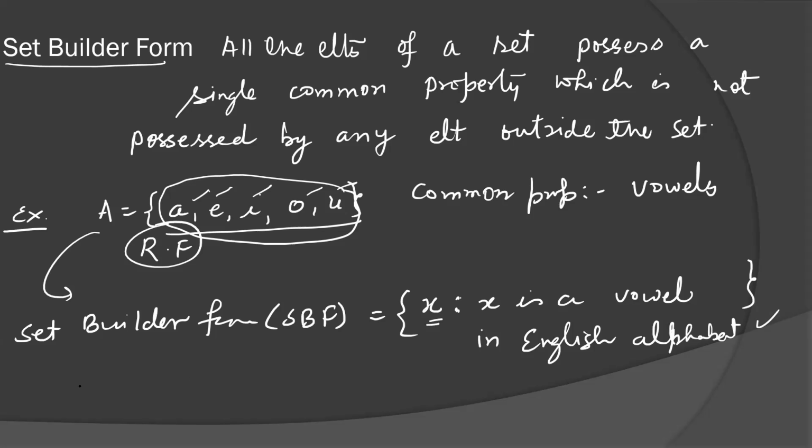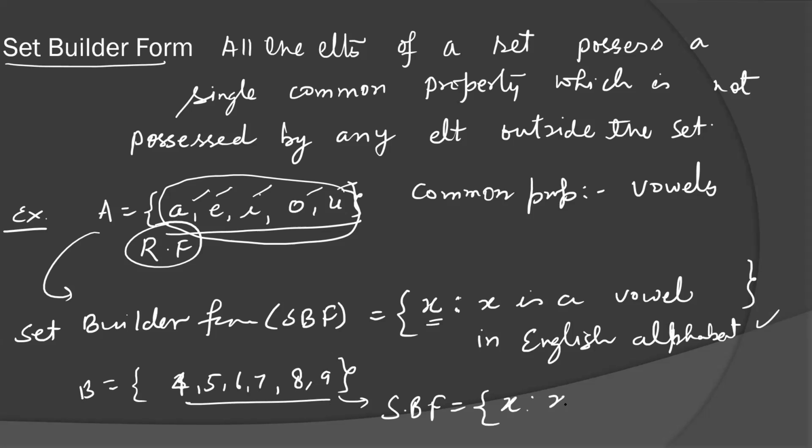Now suppose you have another example, B: 4, 5, 6, 7, 8, 9. And these are the natural numbers. If we want to write the set builder form for this set, this will be x, where x is a natural number.